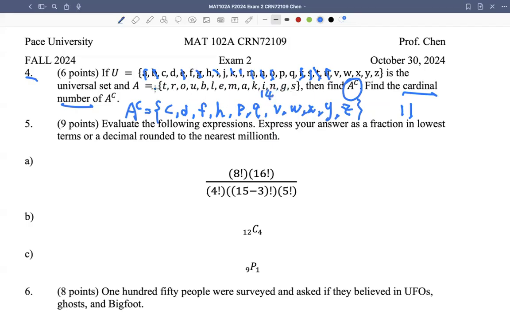So the cardinal number of A is 14. Do we have 26 characters in here? Maybe I missed one. Because if this is 26, 14 plus 11, I only have 25. That means I missed one.